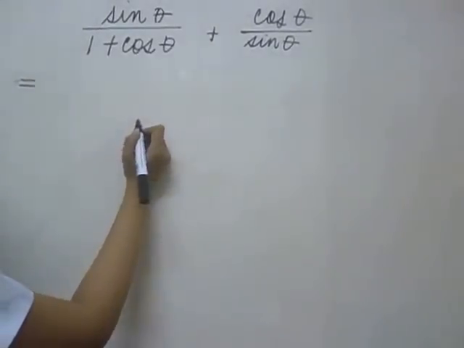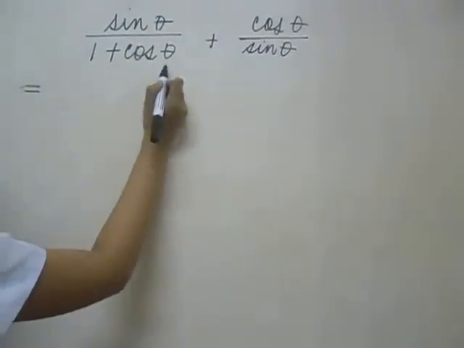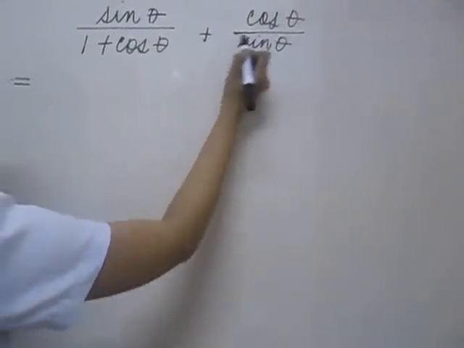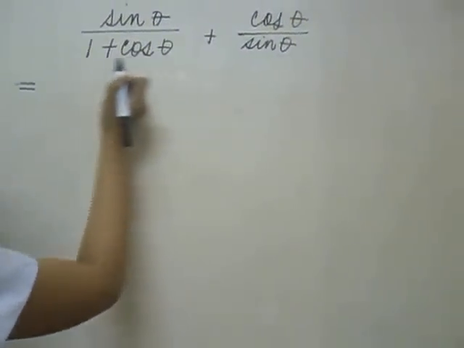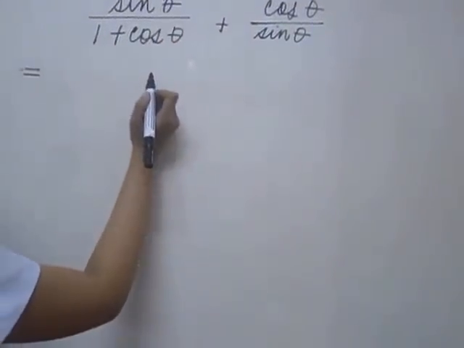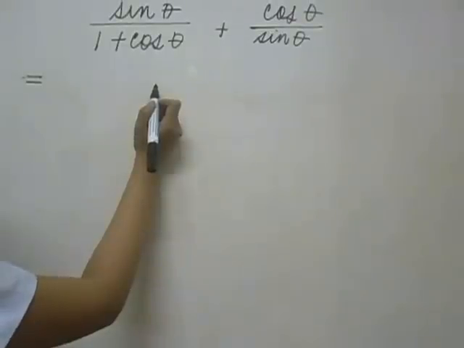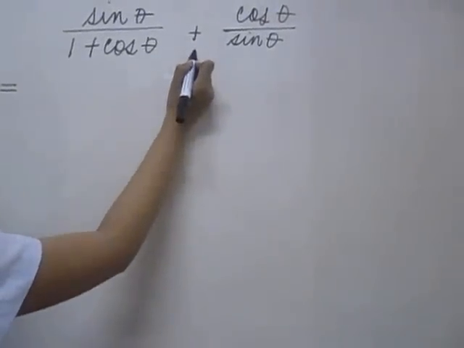Let us have another example: sin theta over 1 plus cosine theta, plus cosine theta over sin theta. To simplify this expression, we simply perform the indicated operation. In this case, the operation involved is addition.